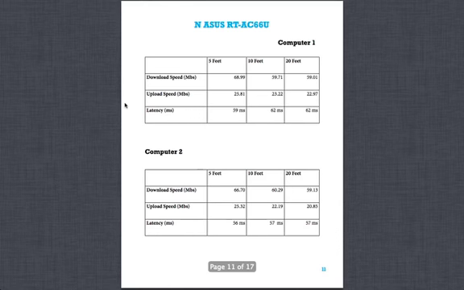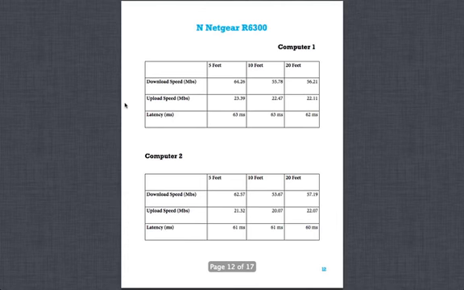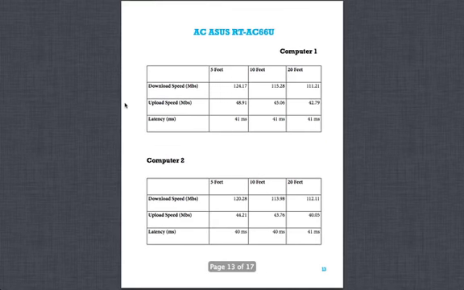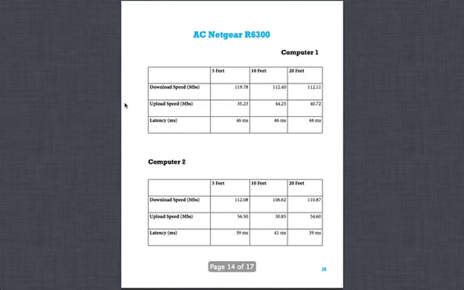But in the end, the Asus one edged out the Netgear router, and you could see that in our multiple test graph chart here. Like I said, both routers performed very well and very equally, but the Asus one did slightly better.